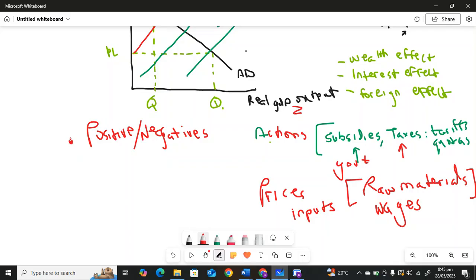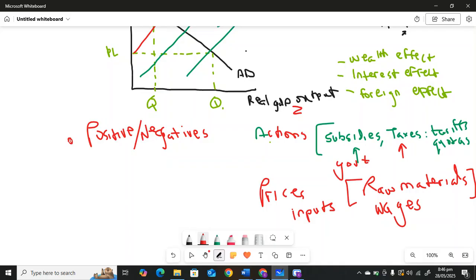Okay. Positive shocks, for example, you find natural resources within your country, find oil, find minerals. Or maybe you have good climate that time, good rain. Farmers are able to grow their crops. If there have been any technological advancements that can help your nation, those are the positive shocks there.